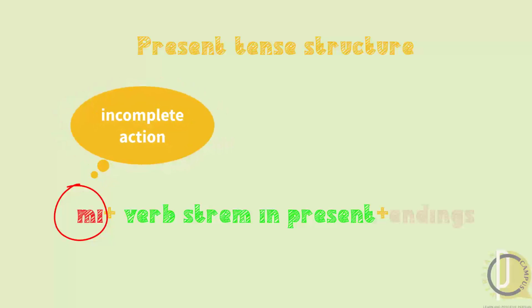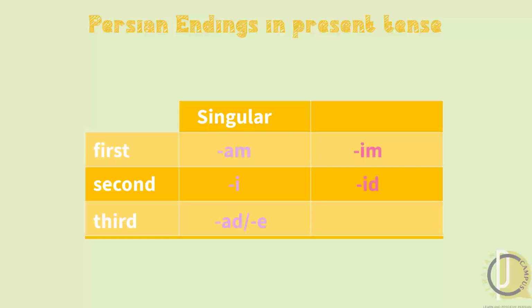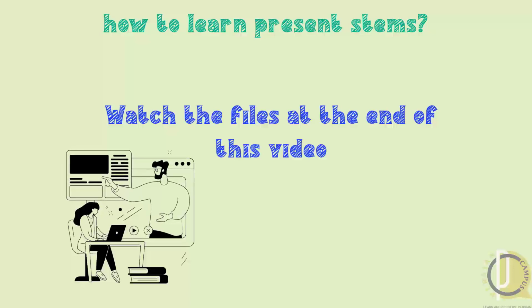In the present tense, the endings are am, i, ad or e for first, second, and third person singular, and im, id, and and for the first, second, and third person plurals. There are a few methods for learning the stem of the present tense, but I recommend learning them by heart.